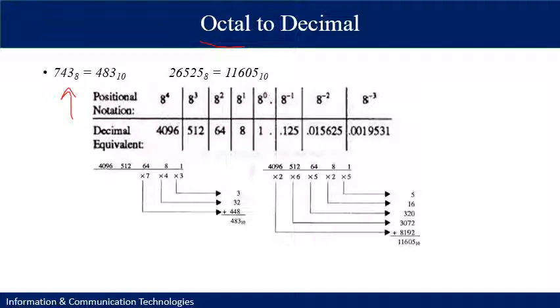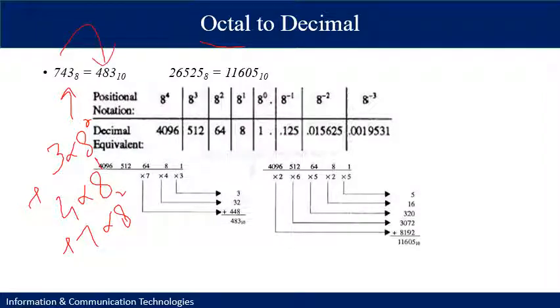So in this case we will have 3 multiplied by 8 raised to power 0, plus 4 multiplied by 8 raised to power 1, plus 7 multiplied by 8 raised to power 2. So we will get an equivalent value in decimal. Similarly, you can perform the octal to decimal conversion with the same formula and check the result here.